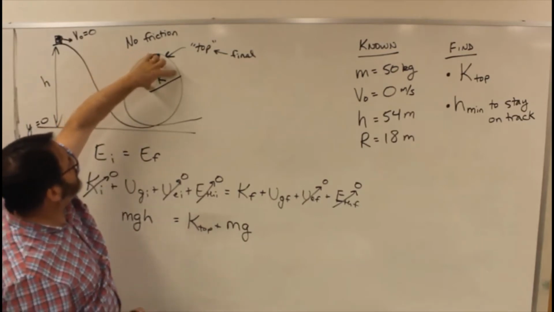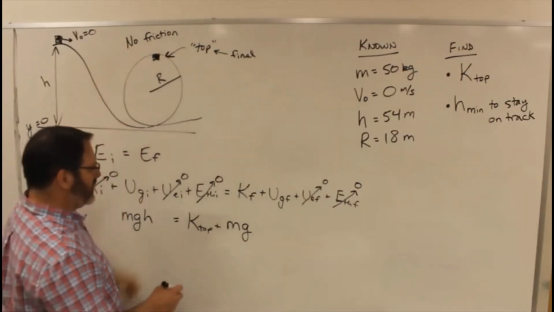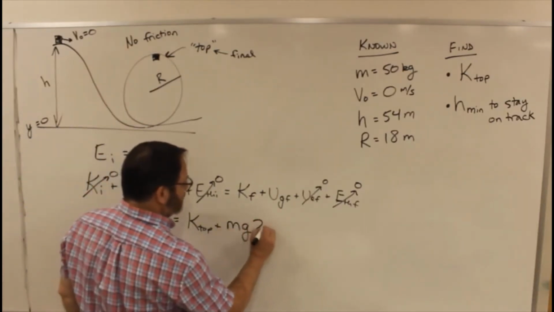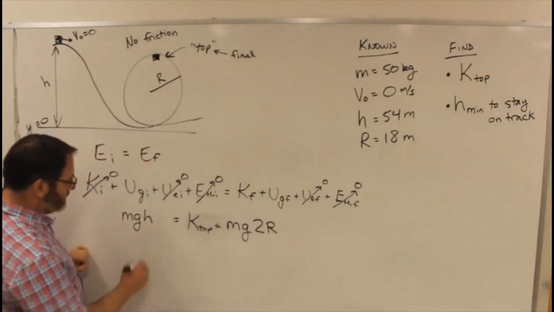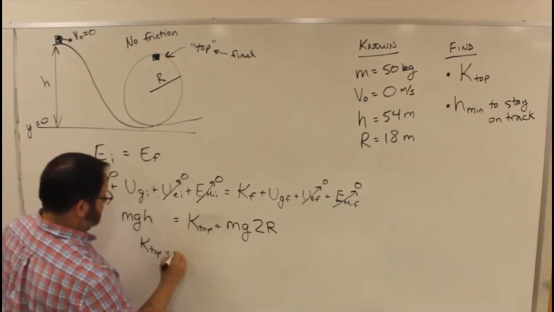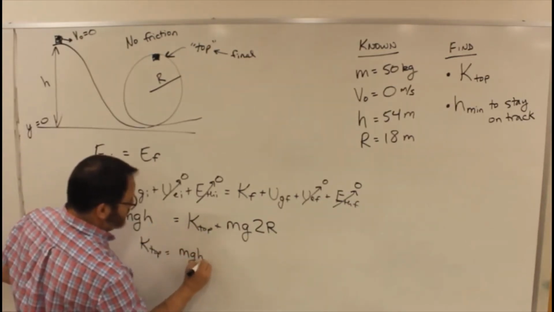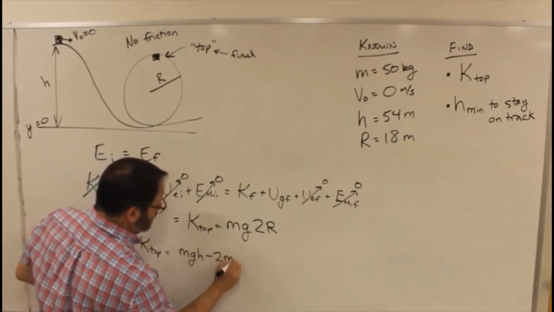If I have R, there's an R here and an R here, so this height is 2R. mg times 2R. So kinetic energy at the top is mgh minus 2mgR.